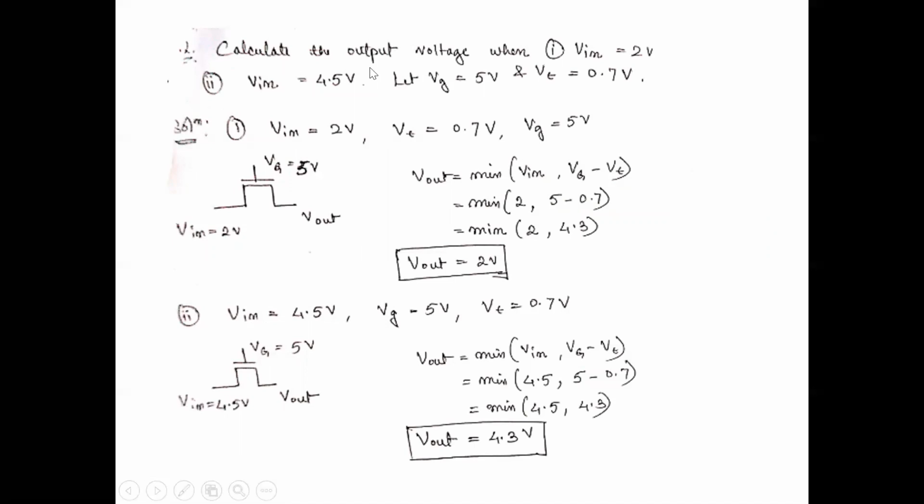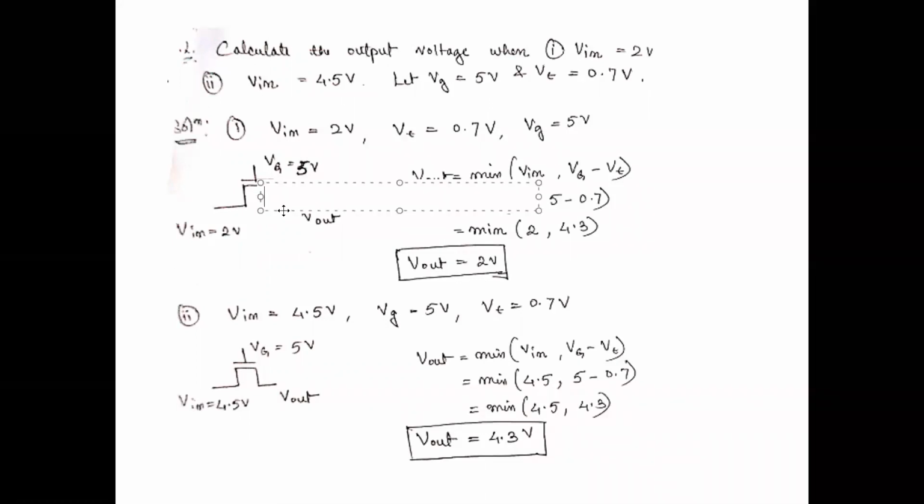Calculate the output voltage when V in is equal to 2 volt and when V in is 4.5 volt. There are two input voltages for which you have to find it. The first case, when V in is 2 volts, this is an N pass transistor.